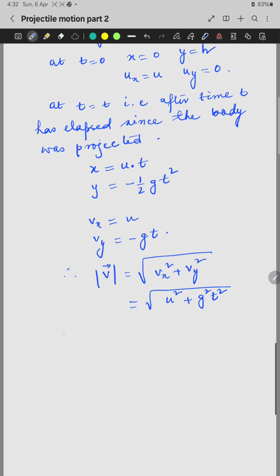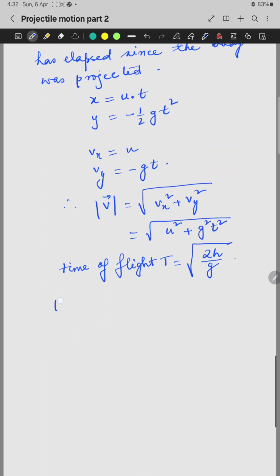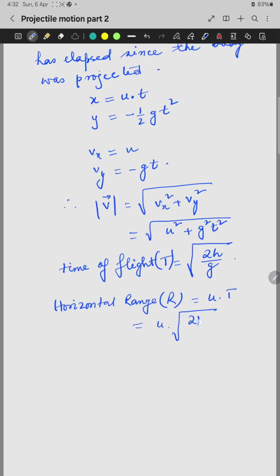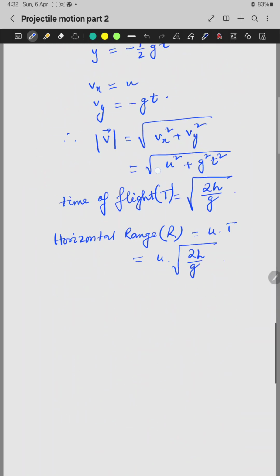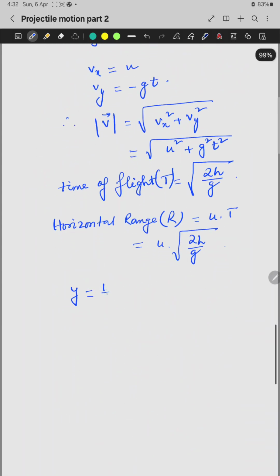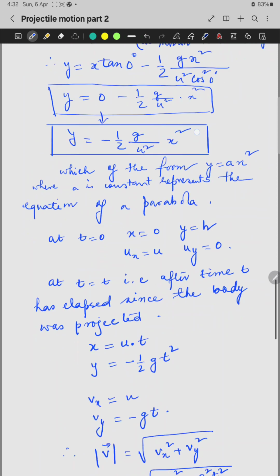Next we have time of flight T equals under root 2h by g, and horizontal range R will be given by u into T, that is u multiplied by under root 2h by g, and lastly the trajectory equation will be half g x square by u square, as you can see over here.